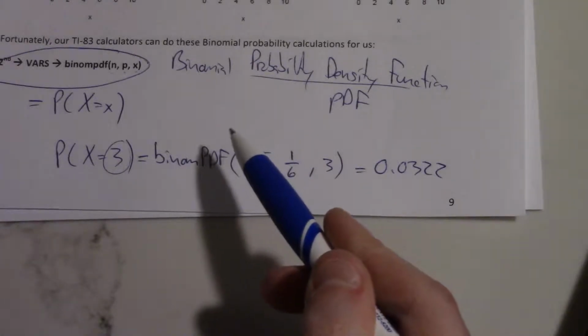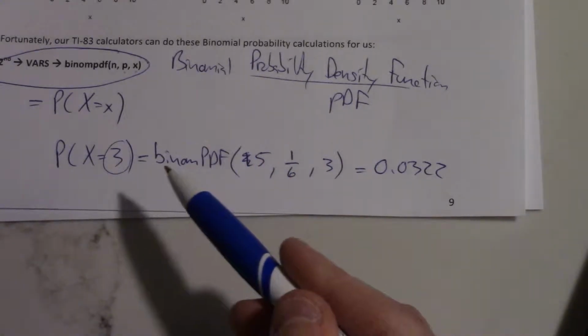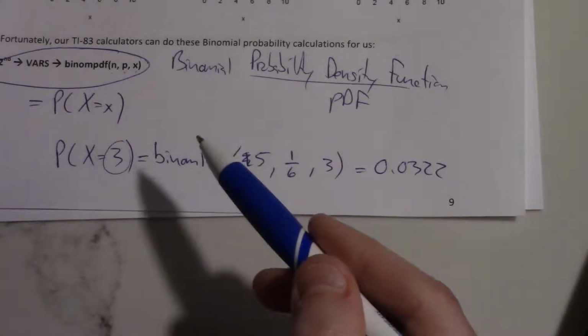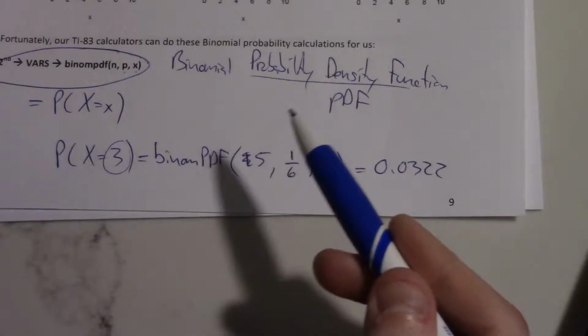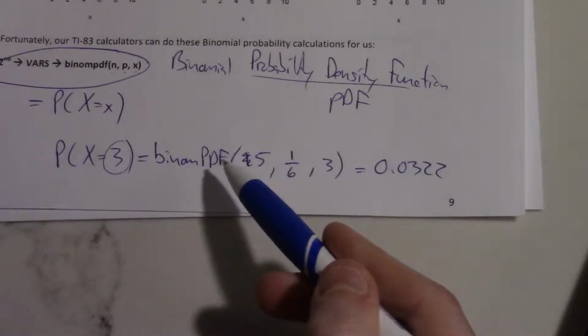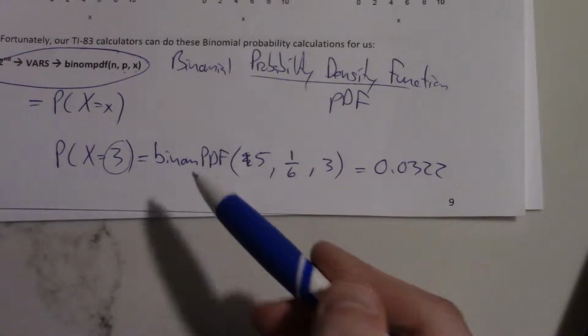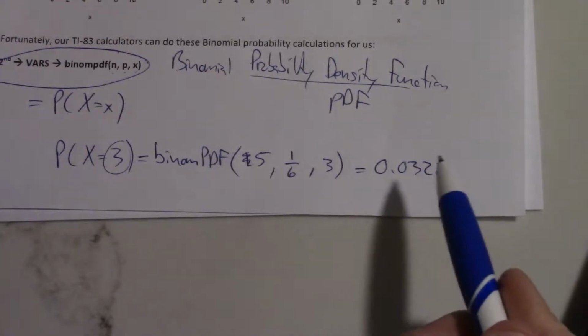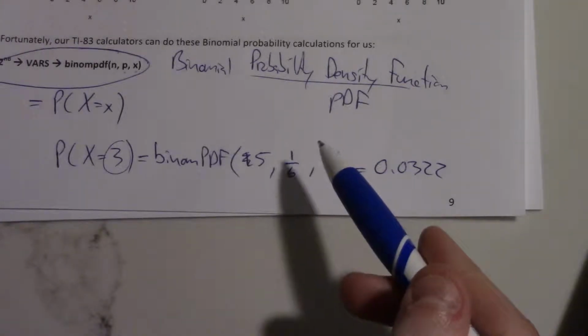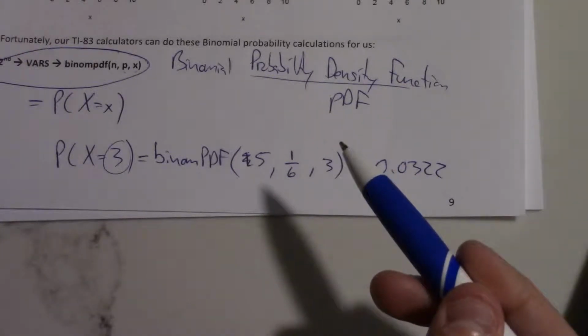And we have to have independent trials. Is it true that the result of one dice roll doesn't affect any others? Yeah. So since we have independent trials and we have exactly 2 outcomes, we can use this binomial function to find the probabilities for us. If those assumptions aren't met, then we can't use it.